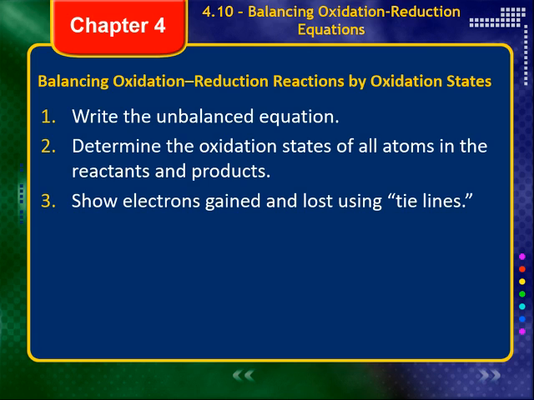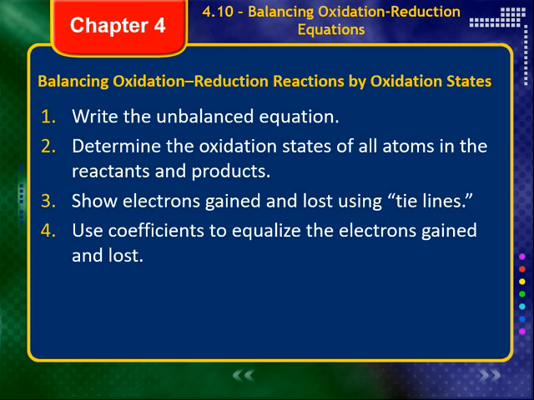That means you're either gaining electrons or losing electrons. Right now, it doesn't quite matter, but you're showing that electrons are lost or gained. Then use the coefficients to equalize the electrons gained and lost. And that's what we meant earlier in the presentation by you're going to have to balance, show conservation of atoms as well as conservation of electrons.